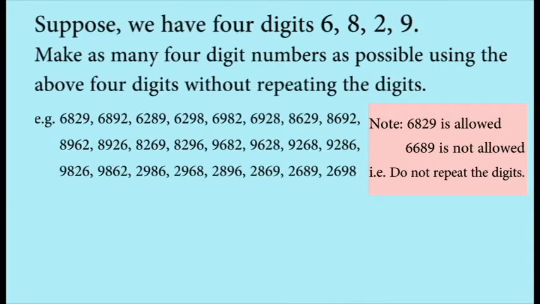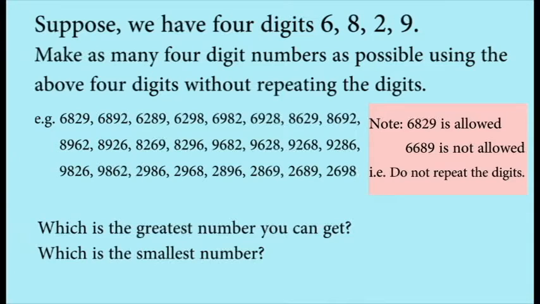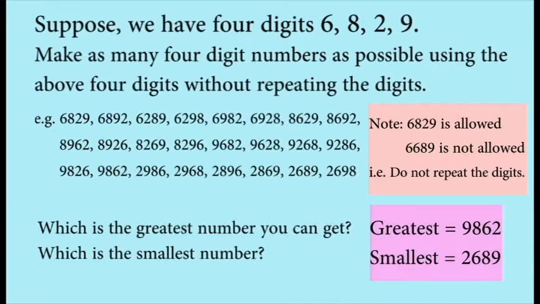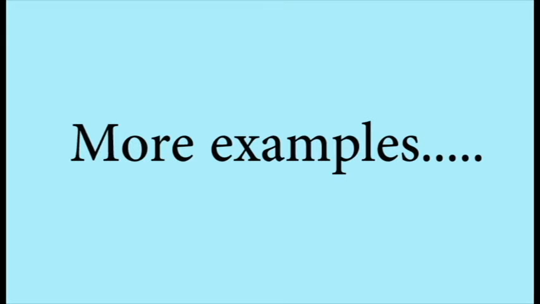Now find out which is the greatest number and which is the smallest number you get. Here is the answer: 9,862 is the greatest one and 2,689 is the smallest number.